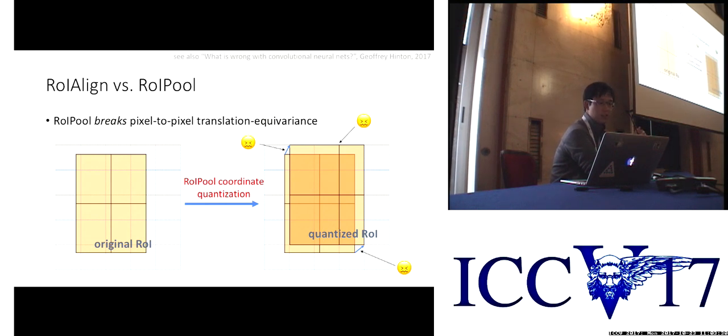Also, recently, I noticed there is a talk given by Geoffrey Hinton, titled "What is Wrong with Convolutional Neural Networks?" In that talk, what is wrong is exactly the pooling operations in convolutional neural nets. In the case of Mask R-CNN, we have the same observation, and we replace the ROI pooling operation with the ROI align one.